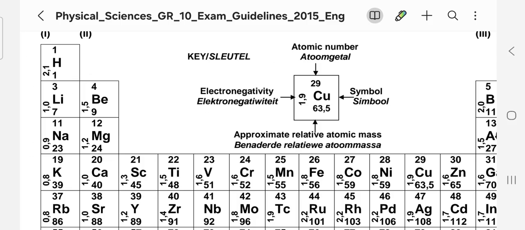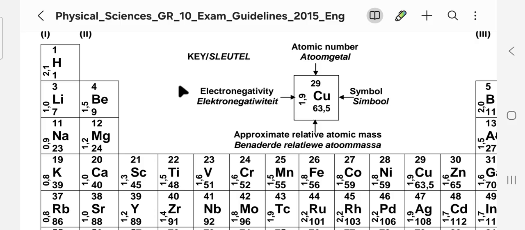And before we do our calculations, I just want to get you familiar with the periodic table. So our periodic table, guys, has 3 numbers in terms of an element. An element is usually a symbol by means of a letter. Sometimes it's one letter, like you see here. This is H, that's hydrogen.